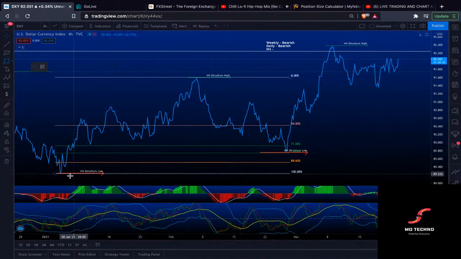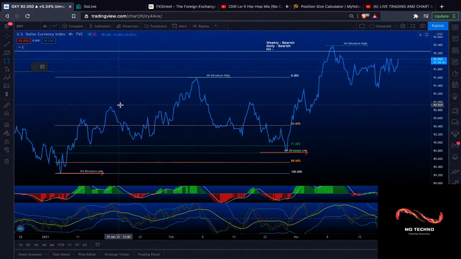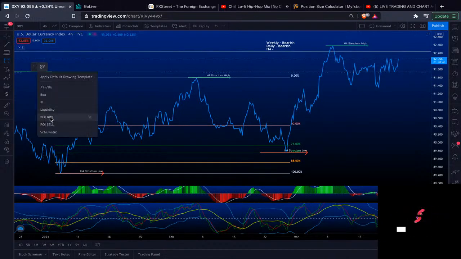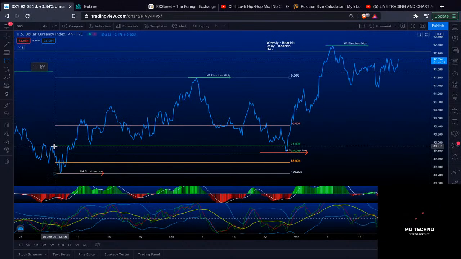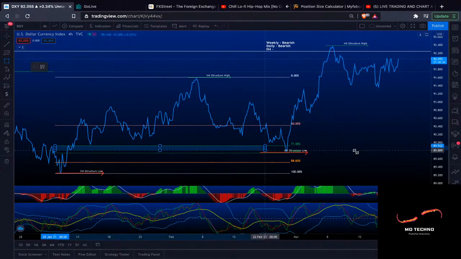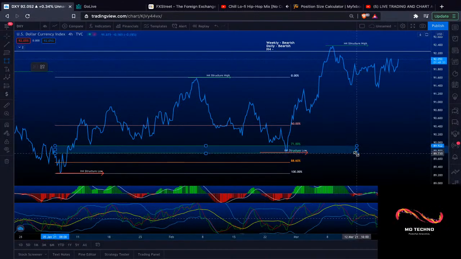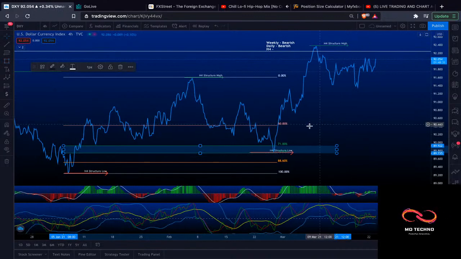Alright, structure low. I'm going to ignore all of this noise because it is some kind of consolidation area. So I am, however, going to take my POIs for the buy side, which was right around here. Cool.